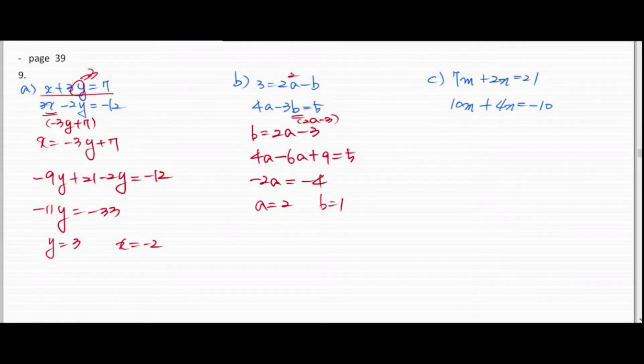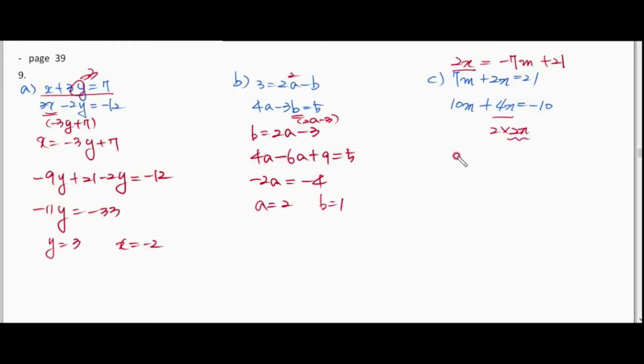And this is question C. This time, change the 2n. 2n equals negative 7m plus 21. Until now, we just had n's or m's without any coefficient except 1. But this time, let's try 2n's. So 4n equals 2 multiplied by 2n. I'll just multiply by 2 for those 2n.